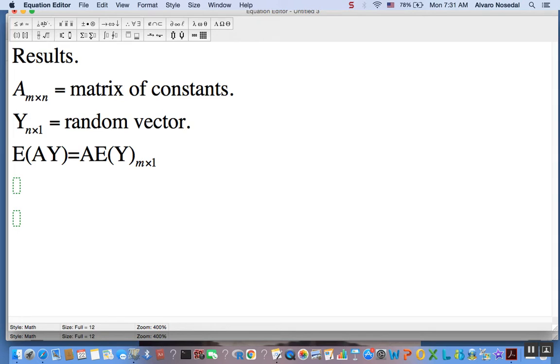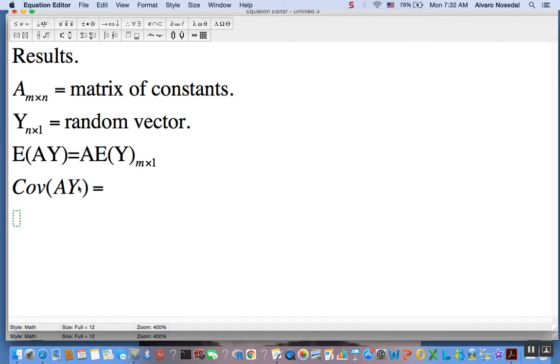Now let me remind you about the covariance matrix of this transformation AY. We know that what we had before, when we had random variables, is that the variance of A times Y would be the same as A squared times the variance of Y. If you factor out that constant when dealing with random variables, all you have to do is pull it out, but you square it.